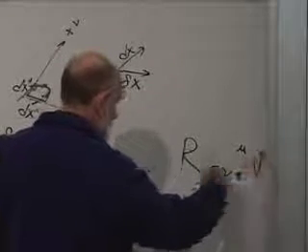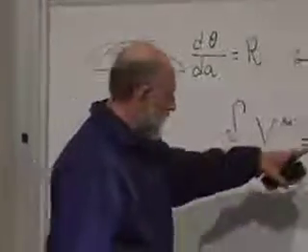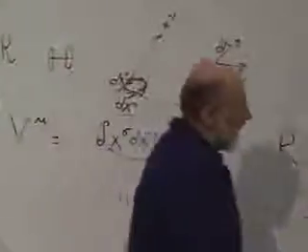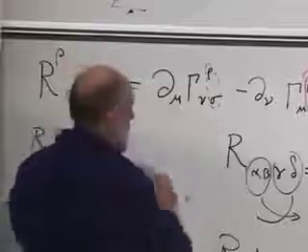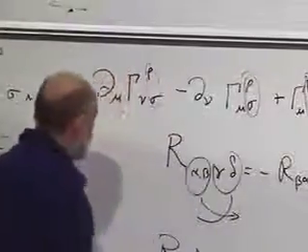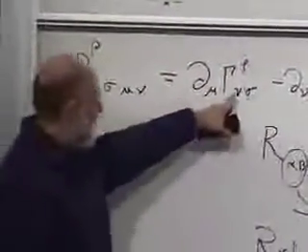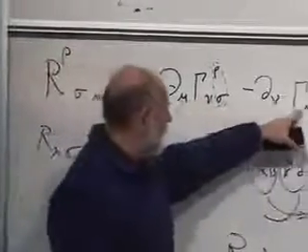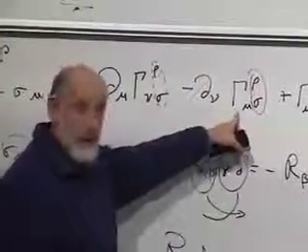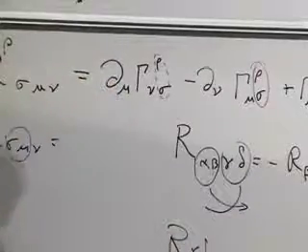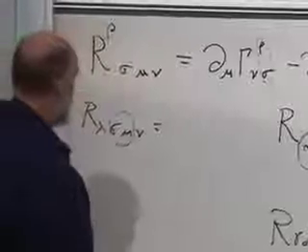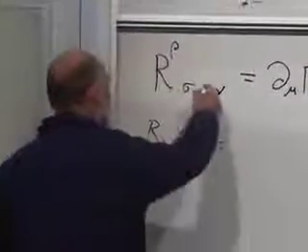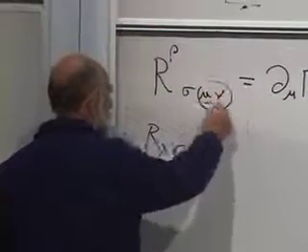I think I have a misprint, a typo in my notes, because you are right that this is clear. This is antisymmetric under interchange of mu and nu. If I interchange mu and nu here, these two will be the same except for a minus sign. So it's antisymmetric under mu nu interchange.